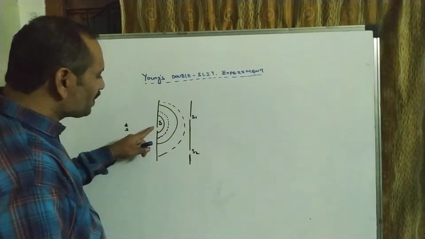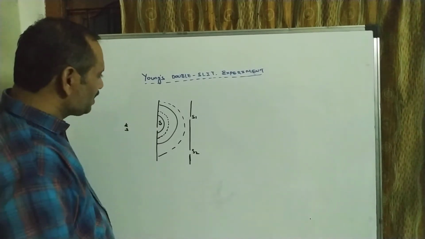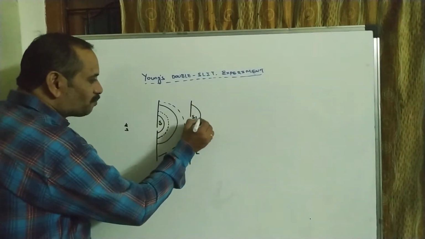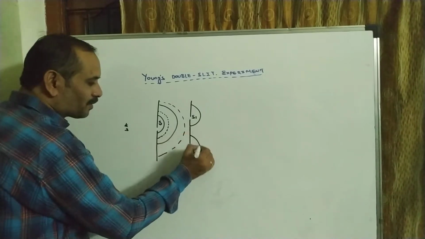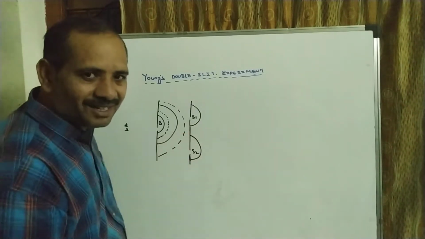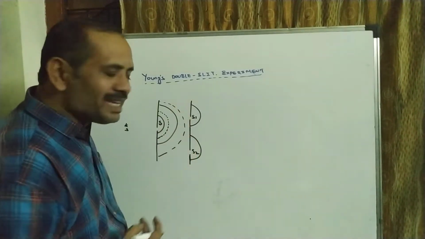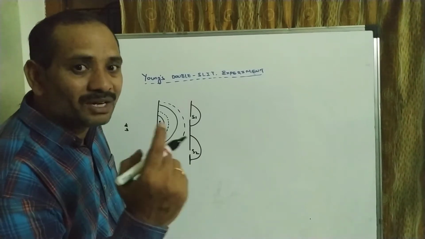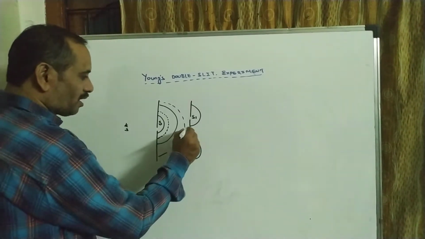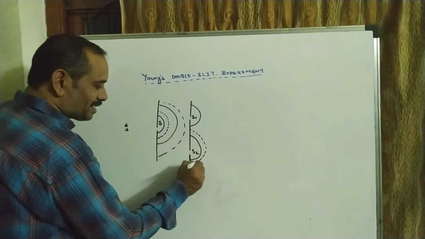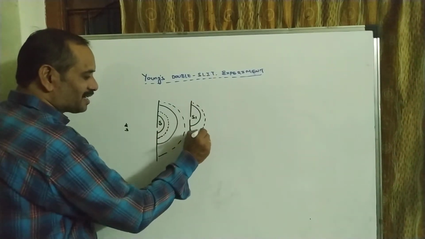The light coming from the single source S is divided into two parts, two wave fronts. I think you can understand. Interference in the YDSE experiment is concerned with division of wave front. Like this, crests and troughs are divided.